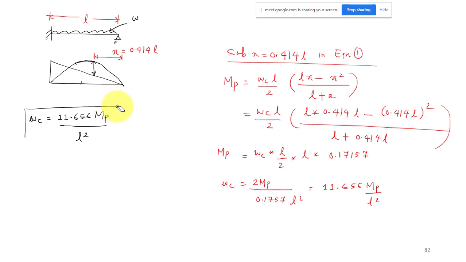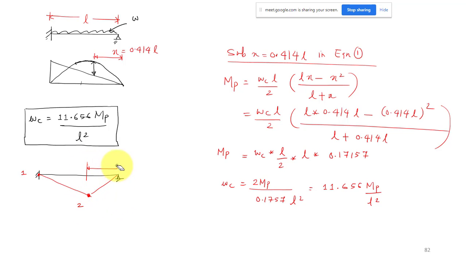Okay, so this is for the propped cantilever beam. Your collapse load will be 11.656 MB by L square, and if you want to draw the collapse mechanism, it will be like this. Your first hinge will be here, and the second hinge may be here, like this. So what is this distance?